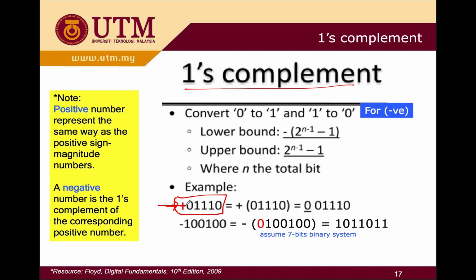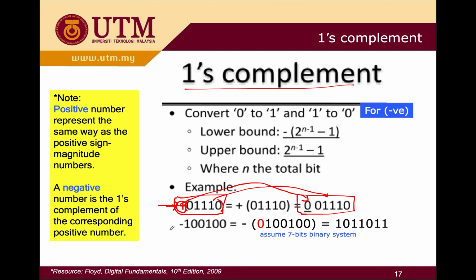What you're going to do is apply this similarly, but this one is positive. Positive is 0. That's why you will add this 0 in front. This is the case for a positive number.